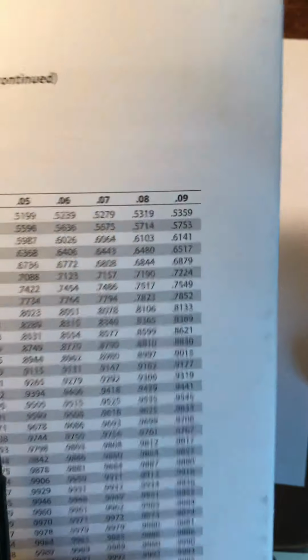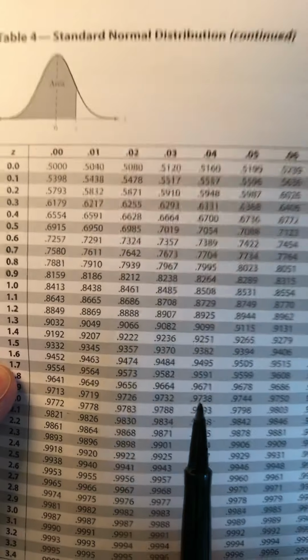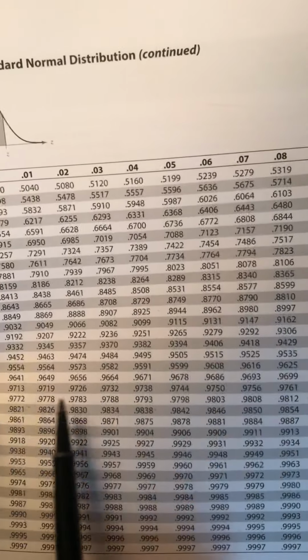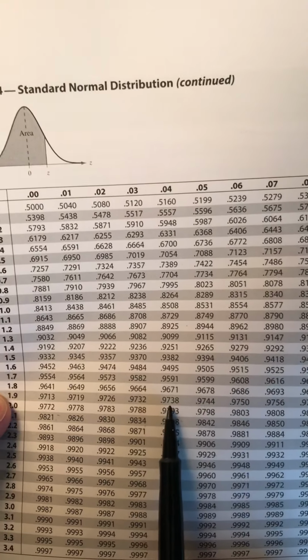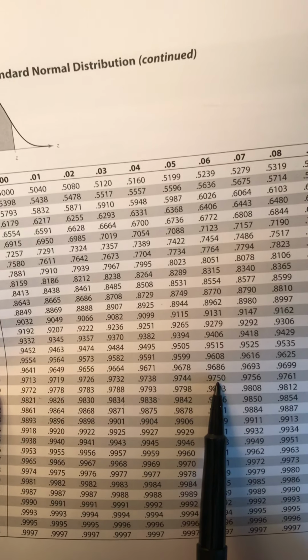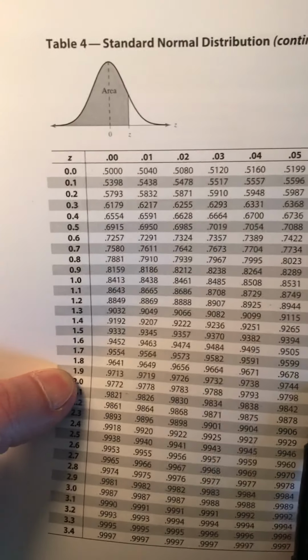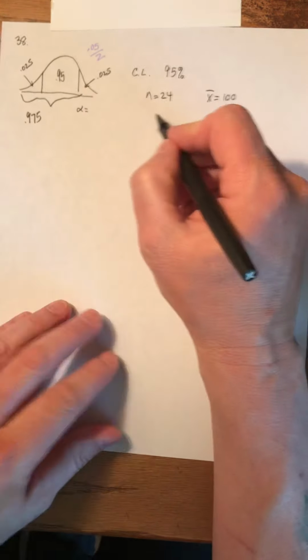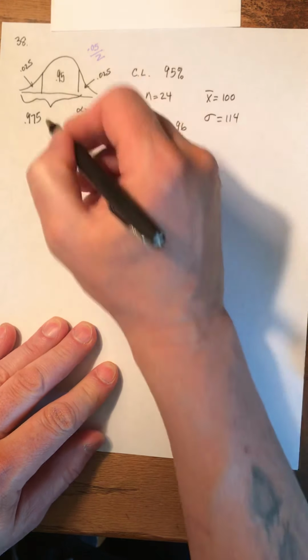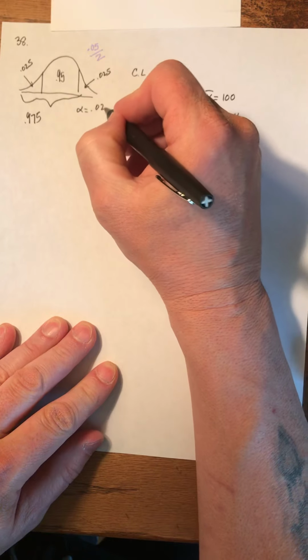It's somewhere right in here. 1.9. So .975 would be somewhere over here. .975, there it is. And if you look over it, it's 1.96. You could do that with your own chart and see that our z-score is going to be 1.96. Or that our alpha is going to be 0.025.